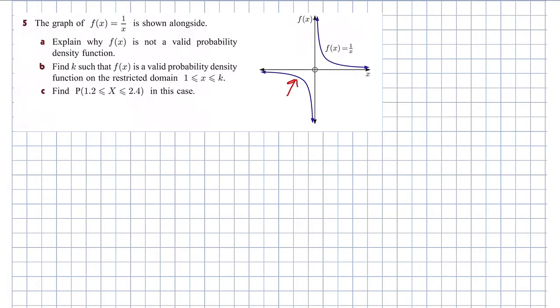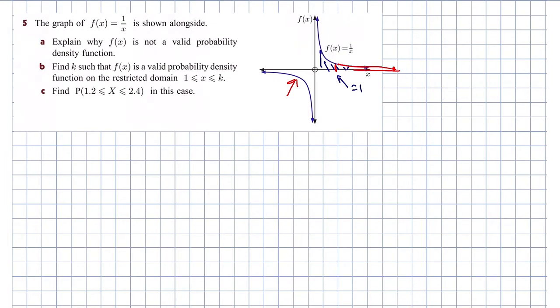But we could make it a probability density function, and that's what part B is about, by restricting the domain, choosing some values over here so that this area equals 1. In fact, there isn't just one spot you could do it. If you choose another starting spot, over here somewhere maybe, then you might have to go all the way over here to get that area to equal 1.